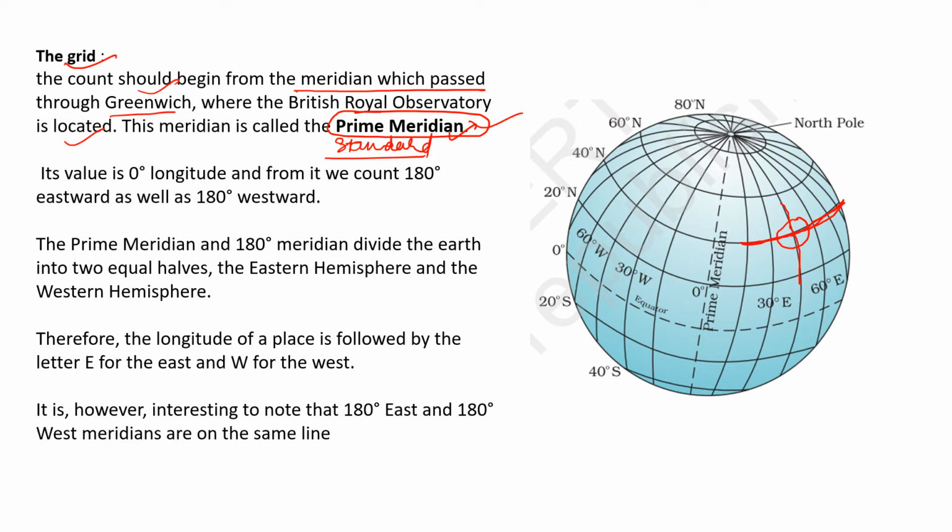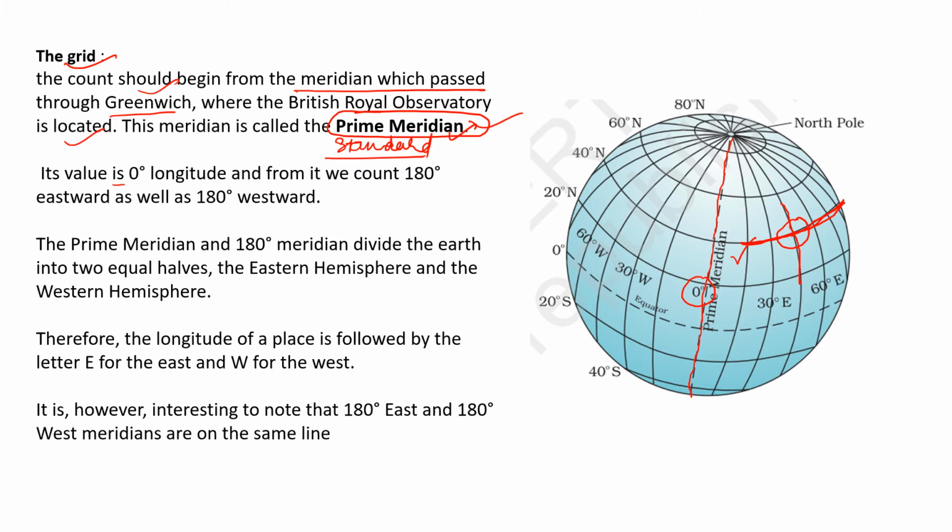This meridian is called the prime meridian. This red line which I am drawing, this 0 degree, is the prime meridian. Okay, and it is passing through Greenwich, where the British Royal Observatory is located.